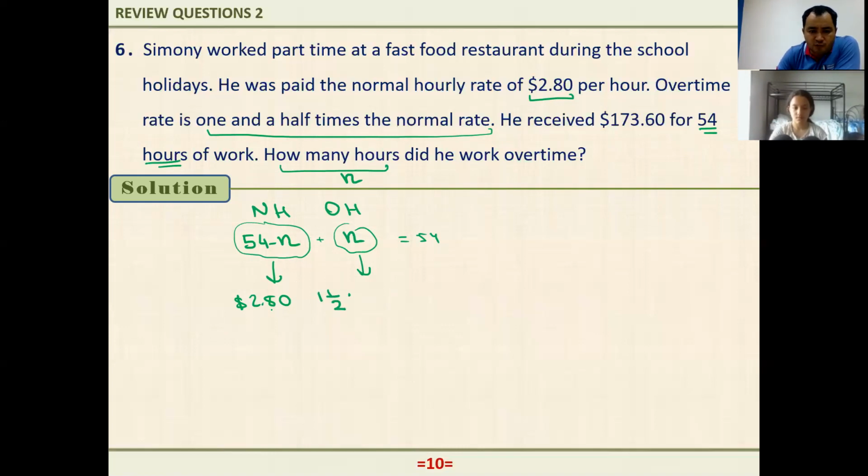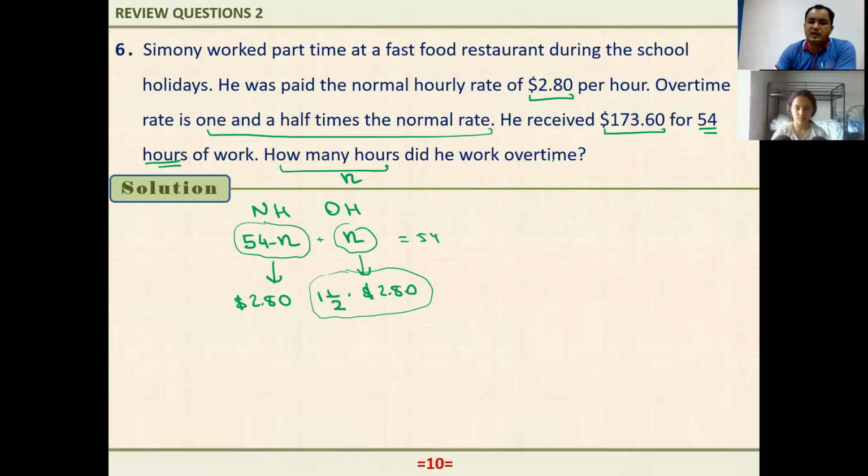What is the normal rate? 2.80, right? So normal hours, we work 54 minus n hours. For each hour, we earn $2.80. Overtime, he worked n hours. For each hour, he received this much. And altogether, how much did he receive?